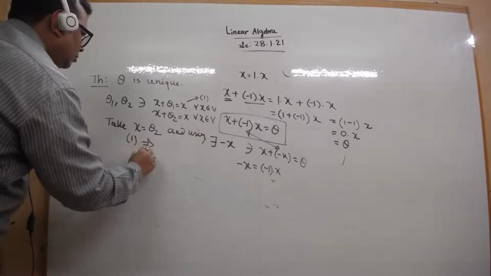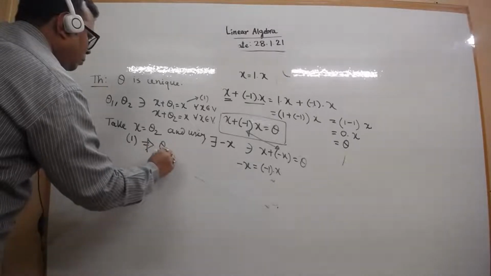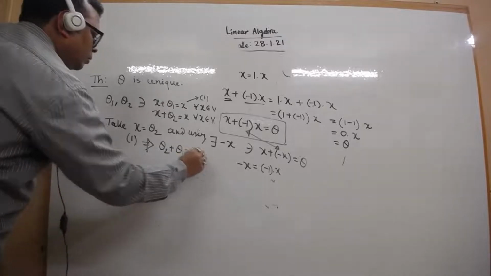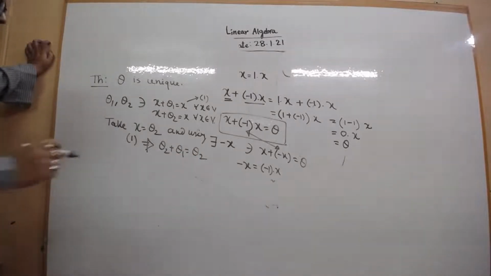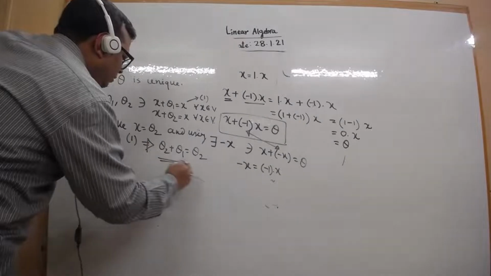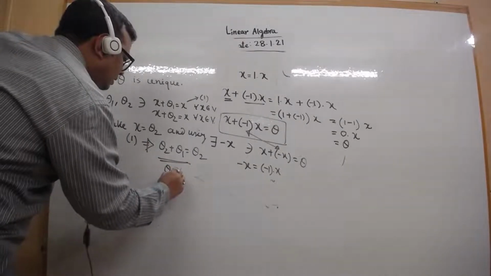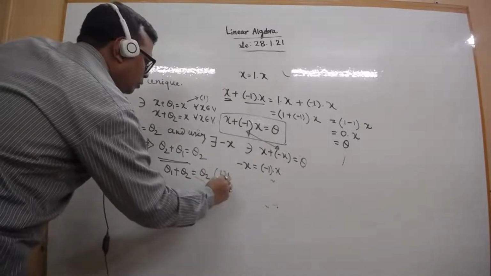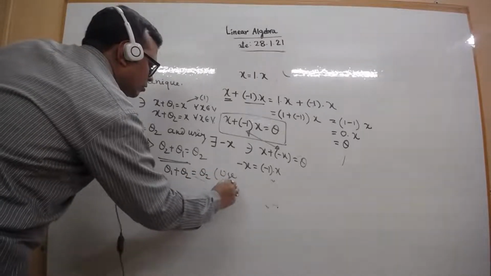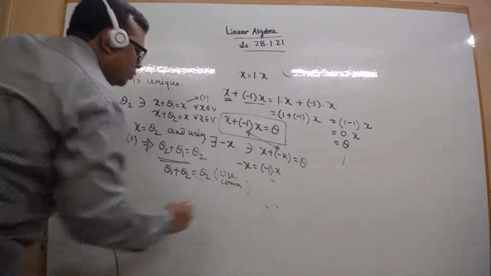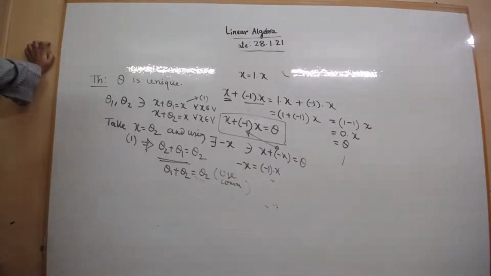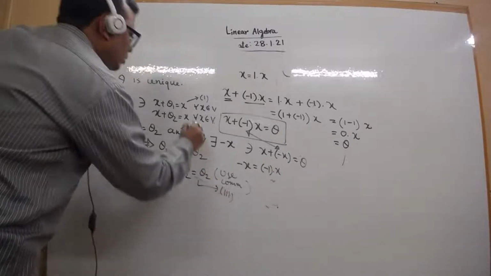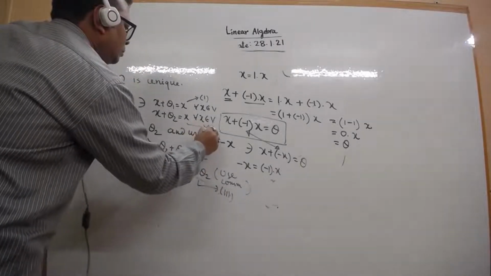Using 1, we get theta 2 plus theta 1 equal to theta 2. Using commutative property, we write theta 1 plus theta 2 equal to theta 2. Okay. Denote this 3. This is 2.